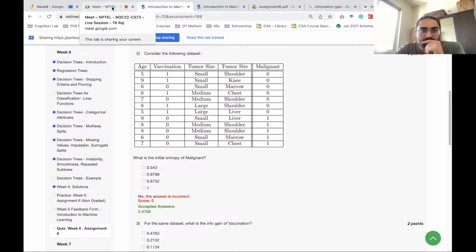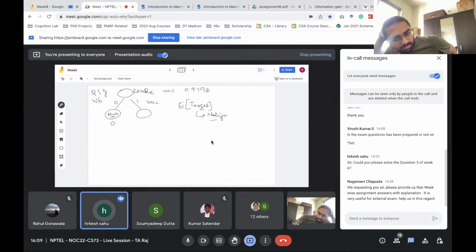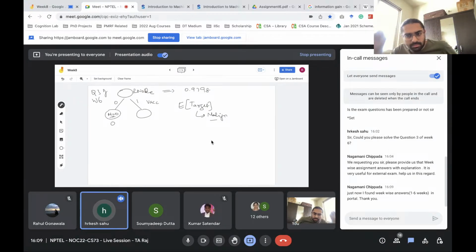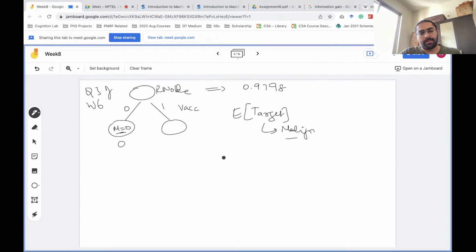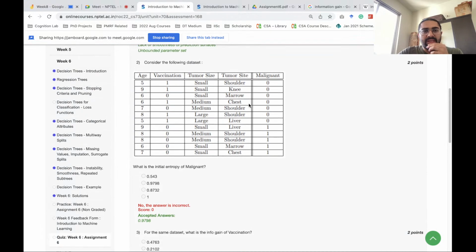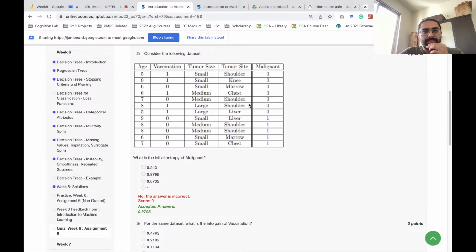I was thinking the info gain would be one minus that entropy value. Because no reference to the target variable has been given, the question was a bit trickier and unclear, so I wasn't able to get the answer.